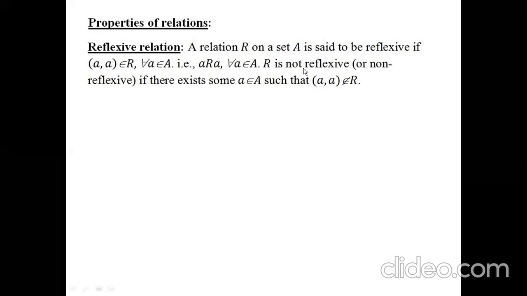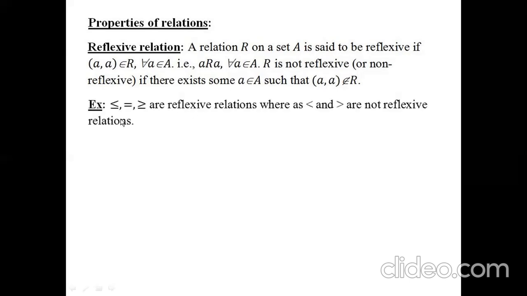And it is said to be not reflexive if there exists some element a which belongs to the set A, but (a, a) does not belong to the relation R. Sometimes one or two of the elements from the set A need not have the ordered pair (a, a) in the relation R. In such cases, we say that it is non-reflexive.